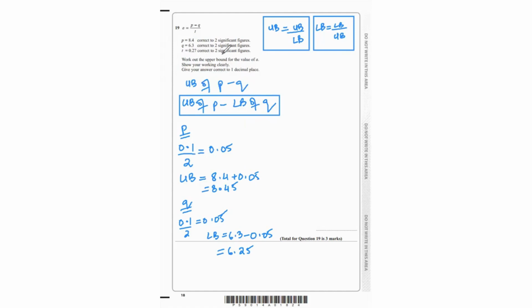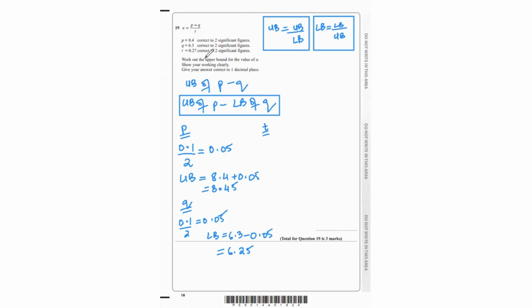t is 0.27, correct to two significant figures. For t, we need the lower bound. So second significant figure over here is 7 now. 2 is not the second significant figure, 7 is. When you have decimal numbers, the 0 before the decimal is considered insignificant. So we start counting from 2. So 1, 2.